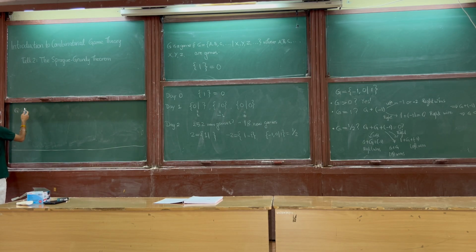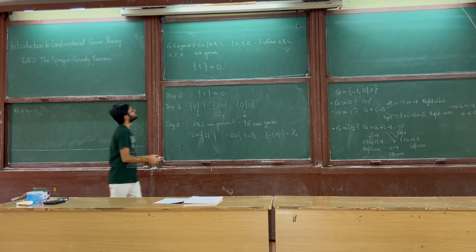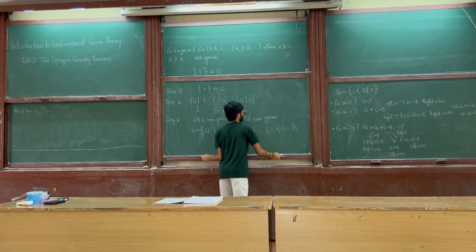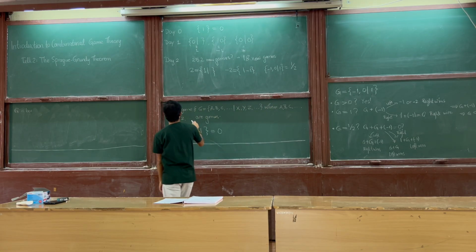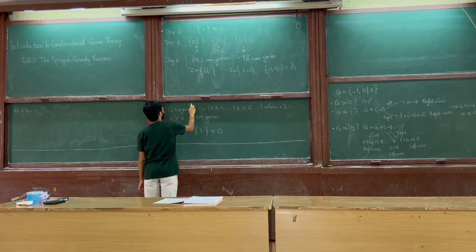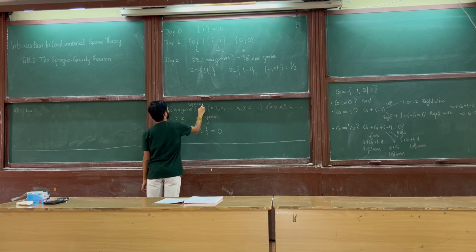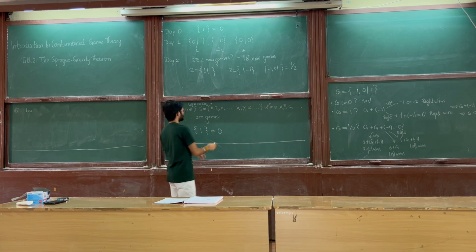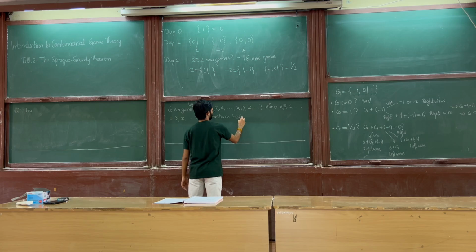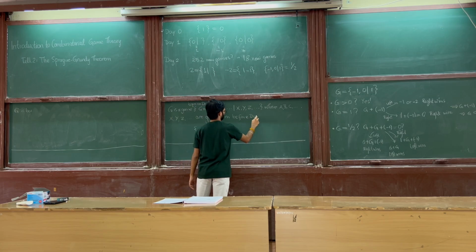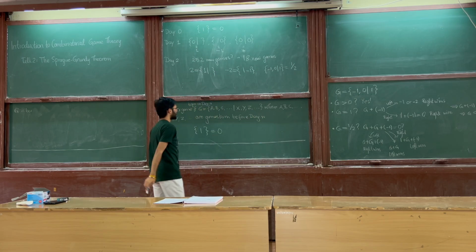But G is a game born on day n, where these are games born before day n.